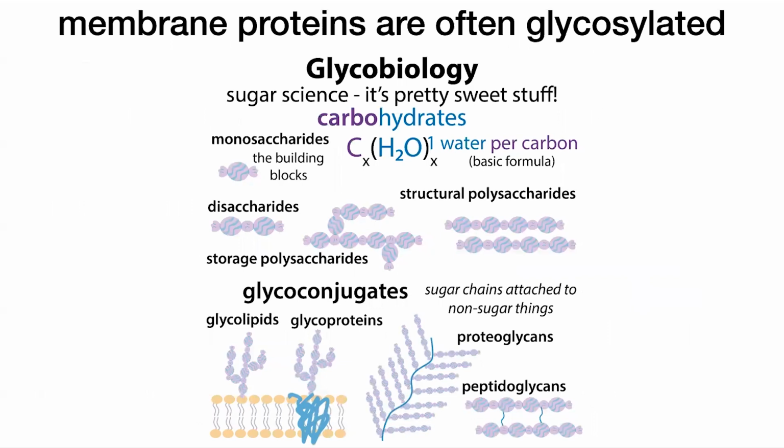Membrane proteins are often glycosylated, so they have sugar chains attached to them. This can play various roles. It can allow the cells some of those adhesion properties. It can also serve important immune roles, both positively and negatively.